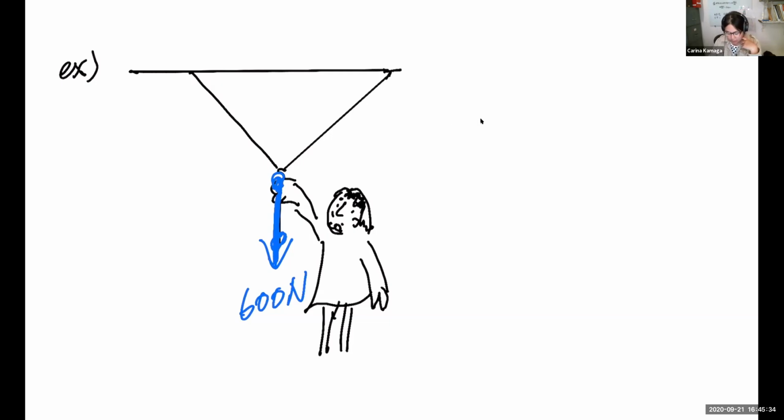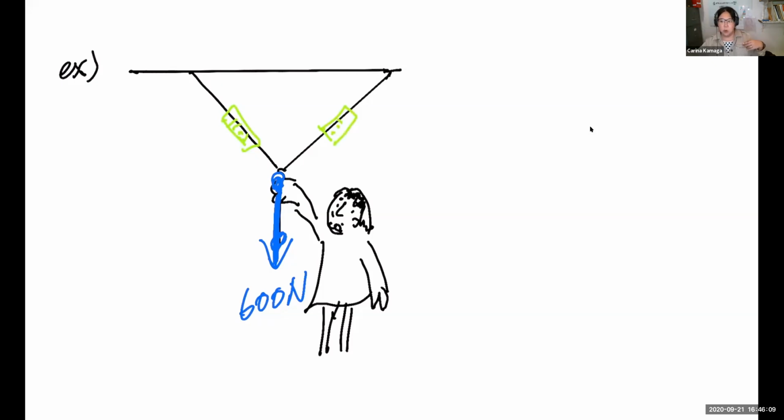So imagine that in between this rope there is a scale to measure.